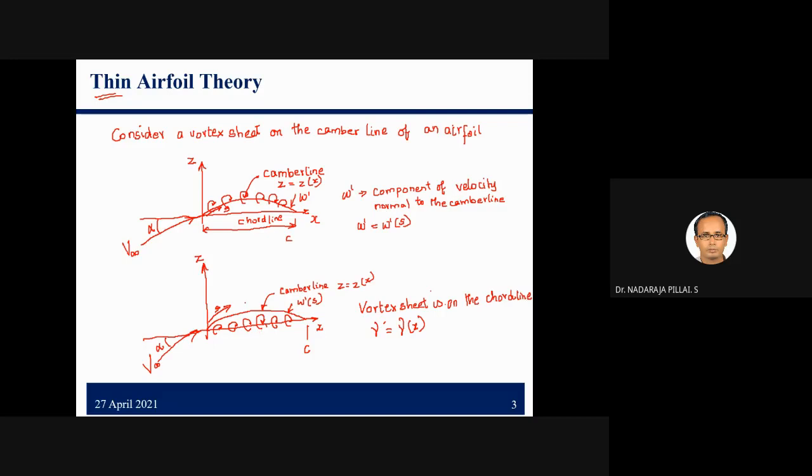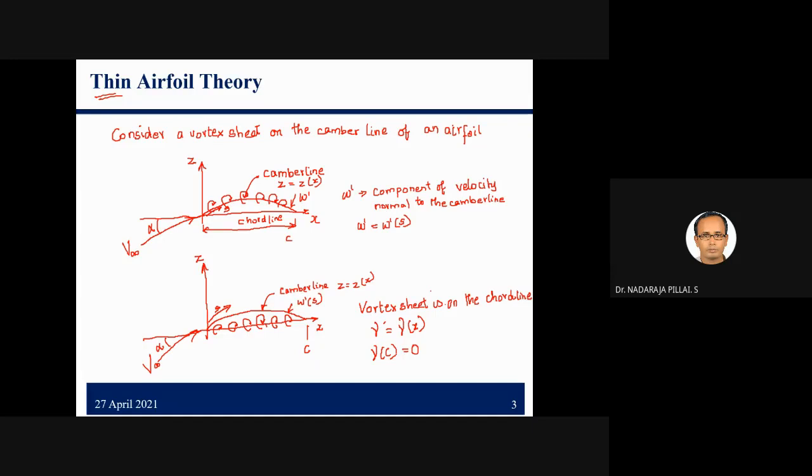And gamma is equal to gamma of x, and one can say that this also can satisfy the Kutta condition, gamma of c equal to 0, which you already know. In the last class we were discussing the Kutta condition, where gamma at the trailing edge is equal to 0.